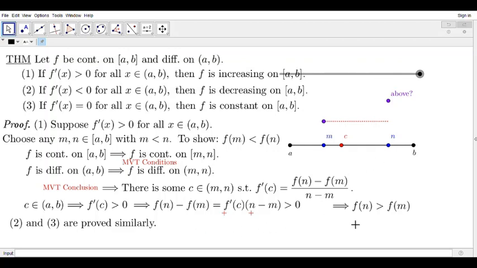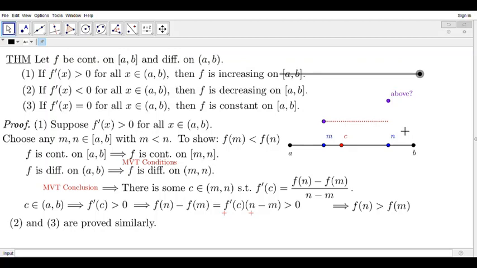So what's going to happen is that f of n, instead of being bigger, would therefore be smaller. In other words, if you look at points here on the interval ab, for a point which happens much later, such as n, happening much later than m, the y-coordinate at n will be smaller than the y-coordinate at m. So that implies that the points on the graph will be on a decreasing trend. So the function f is decreasing.